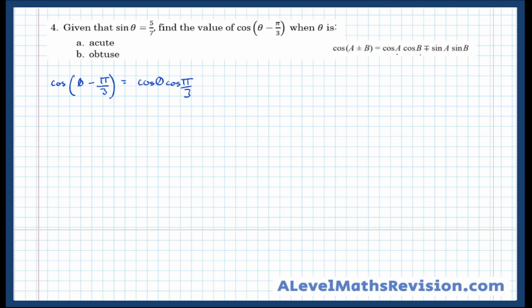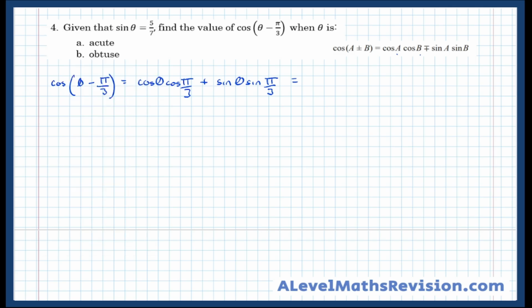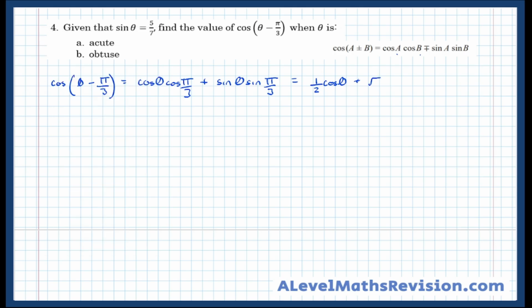So we've got cos theta cos pi over 3 plus sine theta sine pi over 3, which is equal to, well, cos of pi over 3, put this into radians, cos of pi over 3 is a half, so equals a half cos theta plus, and sine of pi over 3 equals root 3 over 2, so root 3 over 2 sine theta.